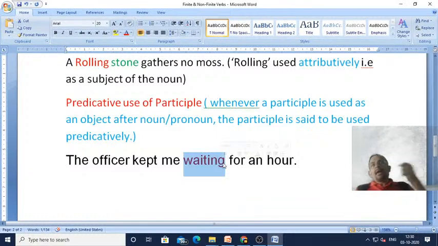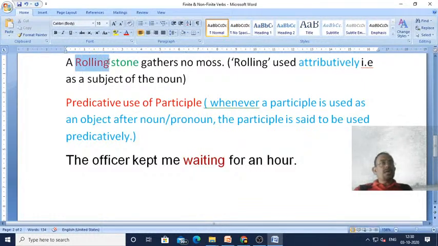And whenever an -ing is used before the noun, it is used attributively. So always remember, attributively means whenever the -ing will be used before the noun. Predicatively means whenever -ing will be used as an object after either a noun or a pronoun, we can say that -ing is used predicatively in the sentence. Understood?